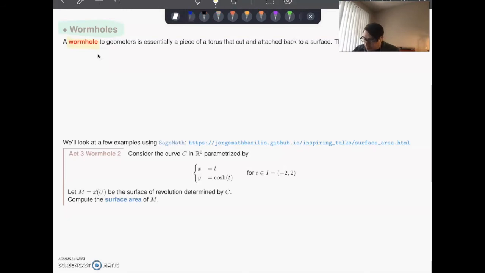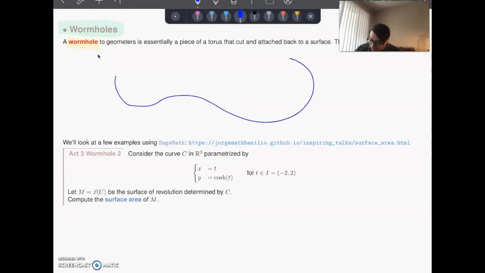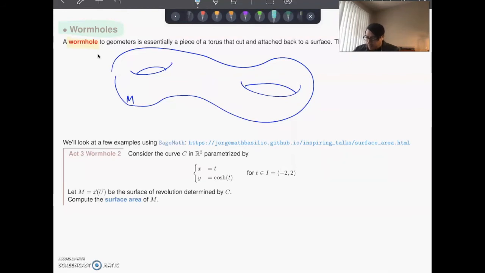So let's draw a picture and see what kind of things we're talking about. Let's say we have some sort of funky surface, M, over here. What we want to look at is two pieces of our surface: a tiny disk here, and another little disk in another region over here.